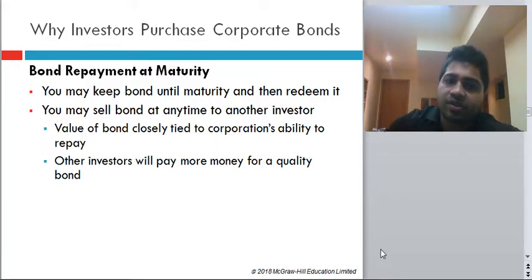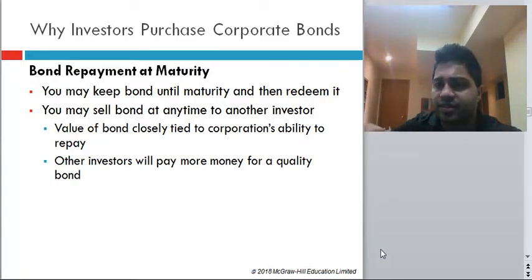Bond repayment at maturity. You may keep the bond until maturity and then redeem it, or you may sell the bond anytime to another investor. The value of a bond is closely tied to the corporation's ability to pay. For example, GM is closing a few of its plants.